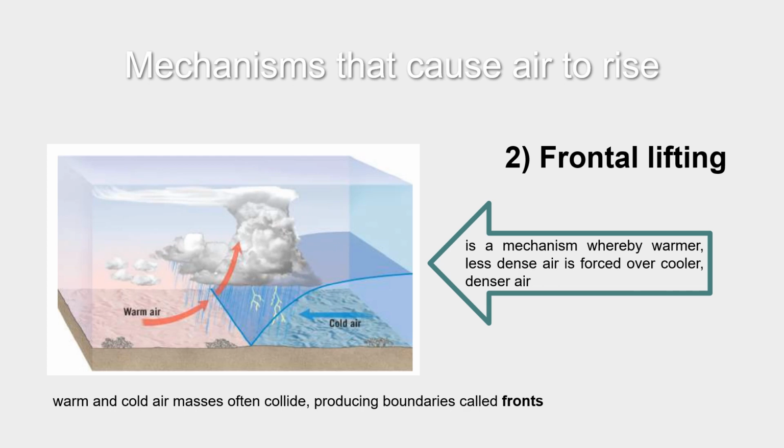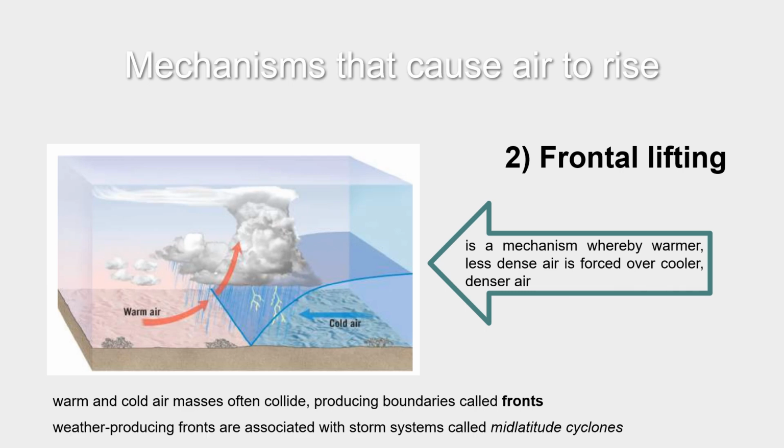So warm and cold air masses often collide, and these produce boundaries that we call fronts. That's why it's called frontal lifting. The weather-producing fronts are associated with storm systems called mid-latitude cyclones. These storms are responsible for producing a high percentage of the precipitation in the middle latitudes because of this frontal lifting.